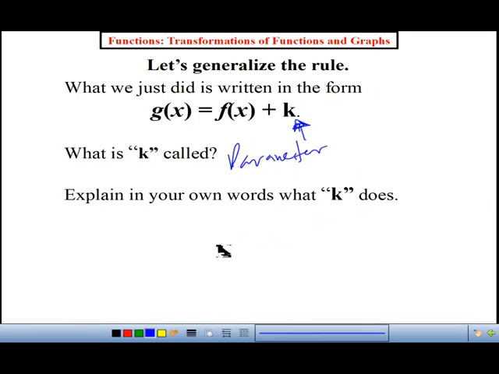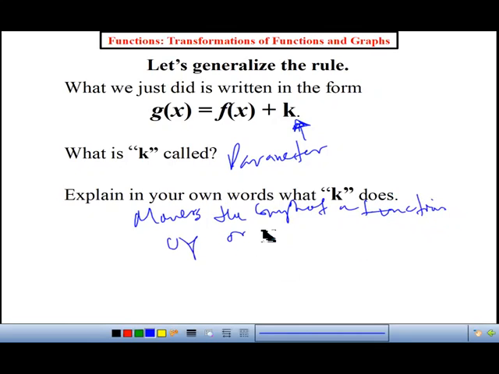What does the parameter k do to the graph of a function? It moves the graph of a function up or down. That is correct. Up if it's a positive value, or down if it's a negative value.